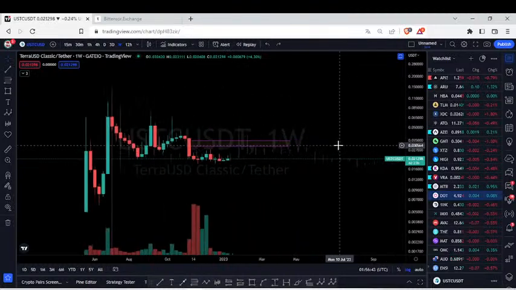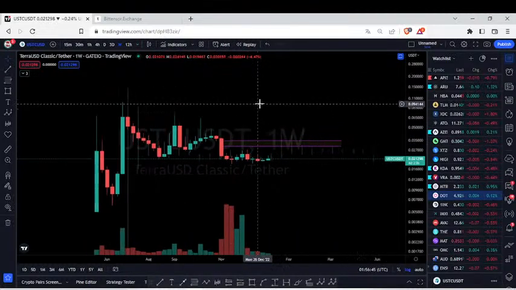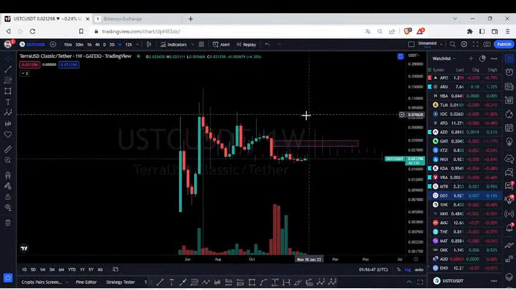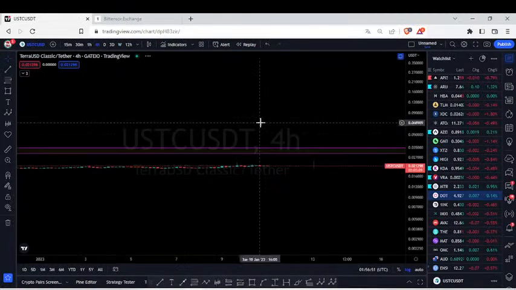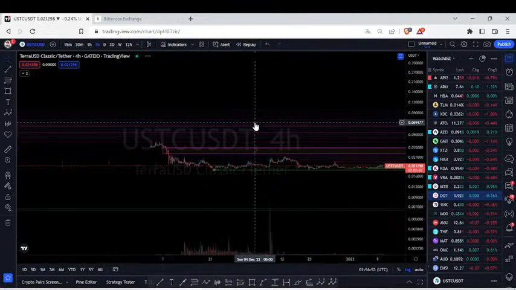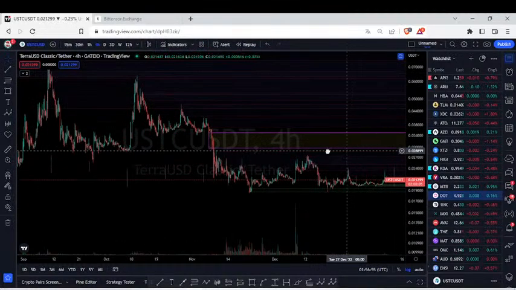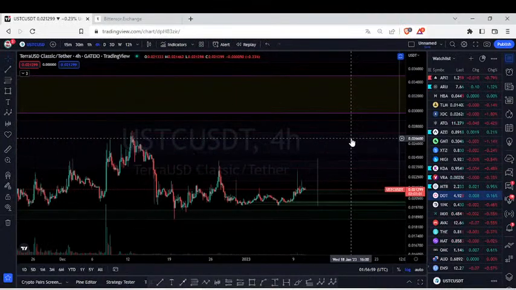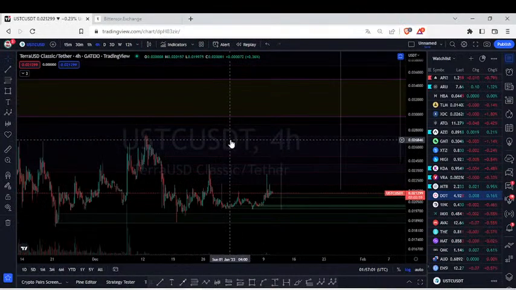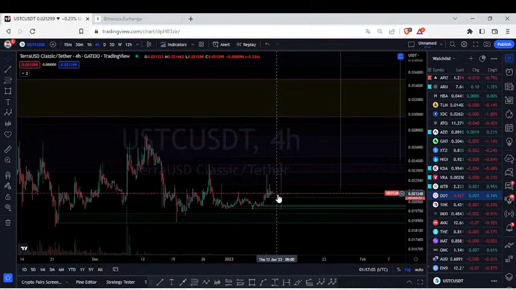This thing seems very, very risky. And besides, it's Luna, so I wouldn't want to touch anything that's got anything to do with it.